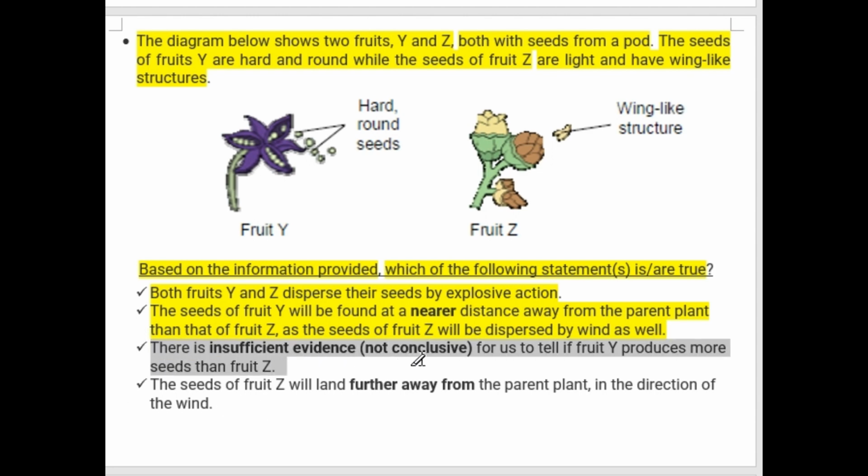There is insufficient evidence, not conclusive, for us to tell if fruit Y produces more seeds than fruit Z. The seeds of fruit Z will land further away from the parent plant in the direction of the wind.